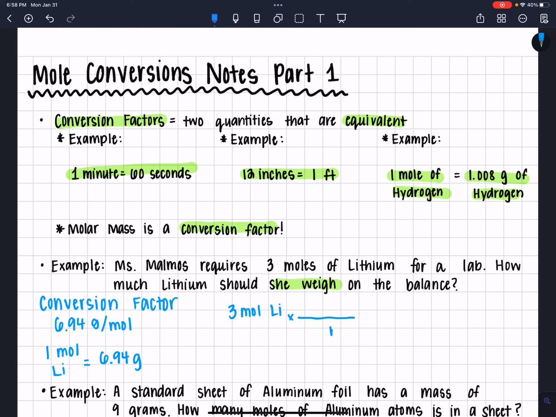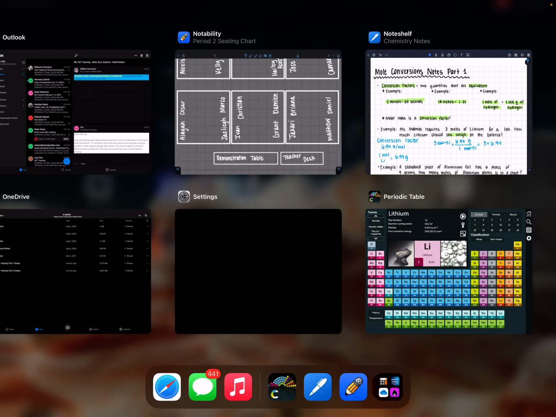So if I wanted moles to cancel out, I would put moles in the denominator. And since I'm trying to get to grams, I would put grams in the numerator. Now my conversion factor tells me that 1 mole of lithium is the same thing as 6.94 grams. So these units cross-cancel, and I end up doing the same calculation that I might have thought of doing before setting up dimensional analysis. So 3 times 6.94.